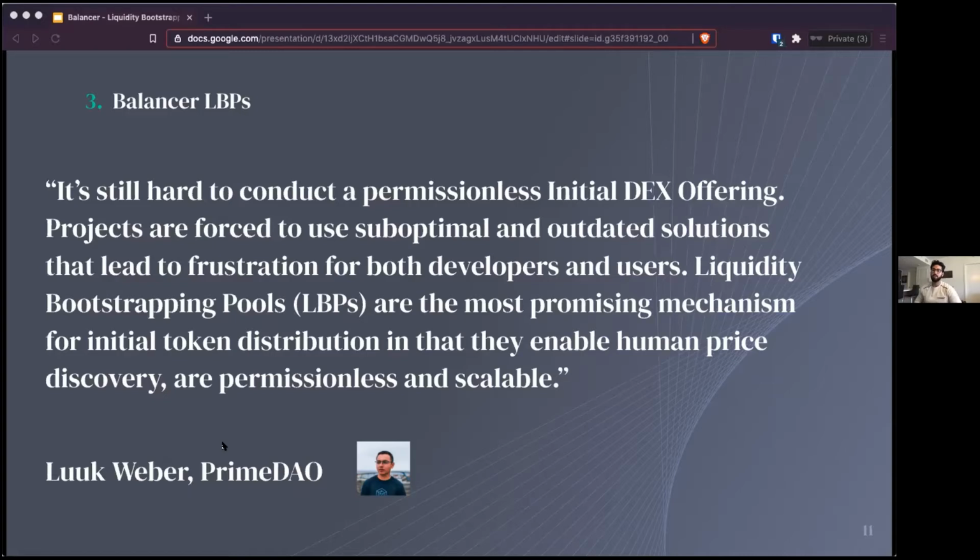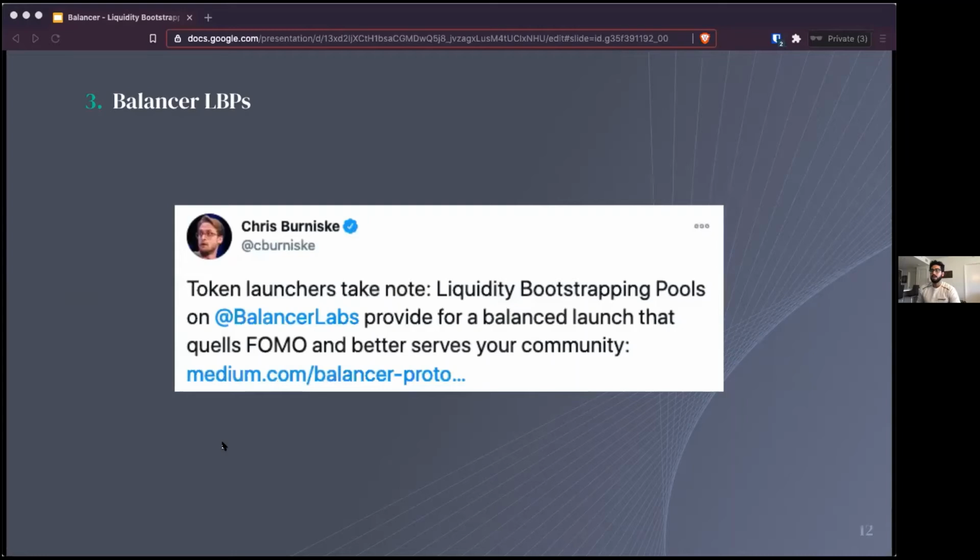PrimeDAO has now received a grant from Balancer to help us improve LBPs even more, so they're going to be building a really cool interface for it. But they said that before the grant, FYI.